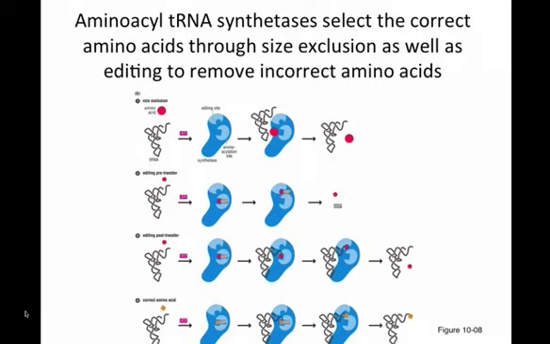One is size exclusion, right? Amino acids, are they all the same size? No. So there's a different aminoacyl tRNA synthetase for each amino acid and each tRNA, right? Because it's specific.